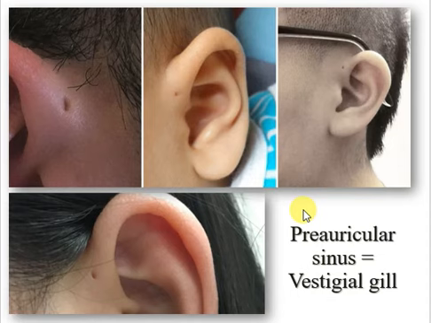And that's when the ear is actually developing. Now, this is very rare. Only about 1 to 10% of the human population has this. So if you have it, you're one of the 1 to 10% of people, so you're really cool. Yeah, so those are vestigial gills.